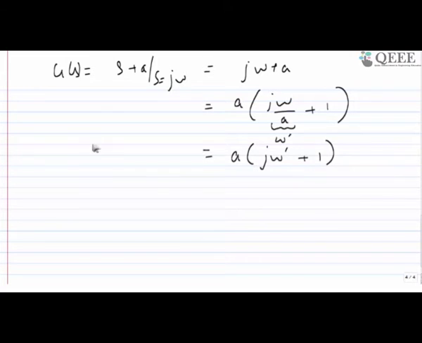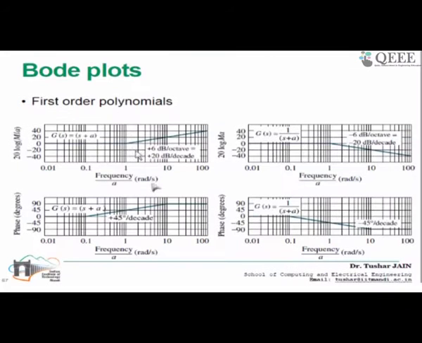For this you can compute separately your magnitude and the phase, which is given over here. You see, we have the frequency divided by a, and it will start contributing the 20 dB slope at 1.